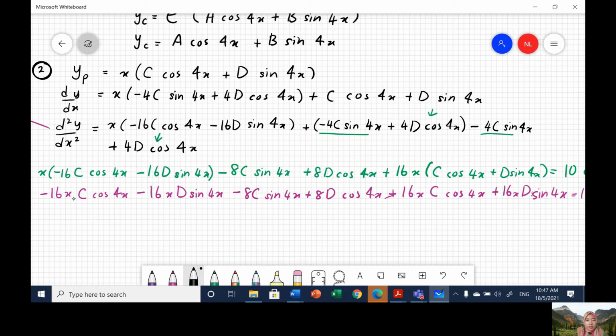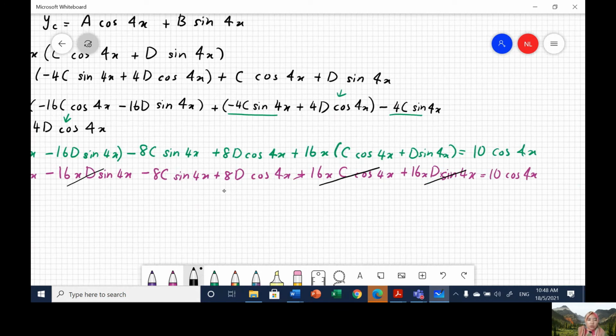This negative 16xc and this one, when we combine, becomes 0. So we have negative 16x plus 16x, so it will be 0. And this one, negative 16xd and positive 16xd will be 0.